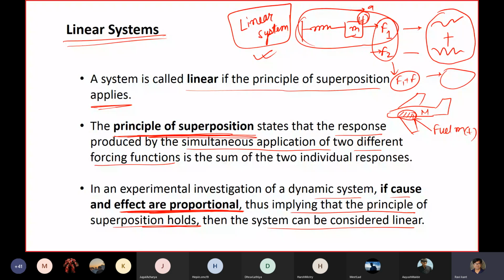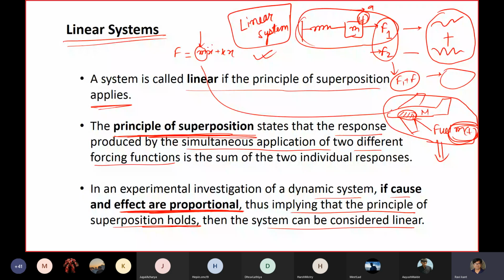Okay, so when you make a model of it, the mass sitting over here is a problem. Our mathematical equation for the spring mass system was F is equal to mx double dot plus kx. So m sitting over here is no more constant for an aircraft flight. Why?